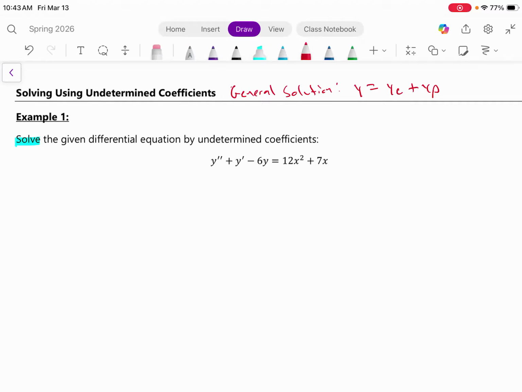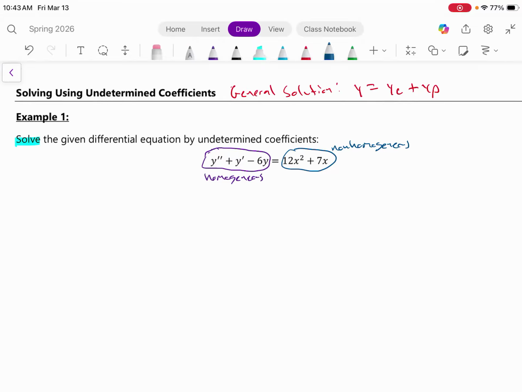So remember that this portion right here, y double prime plus y prime minus 6y, is our homogeneous component. And this 12x squared plus 7x is our non-homogeneous component.